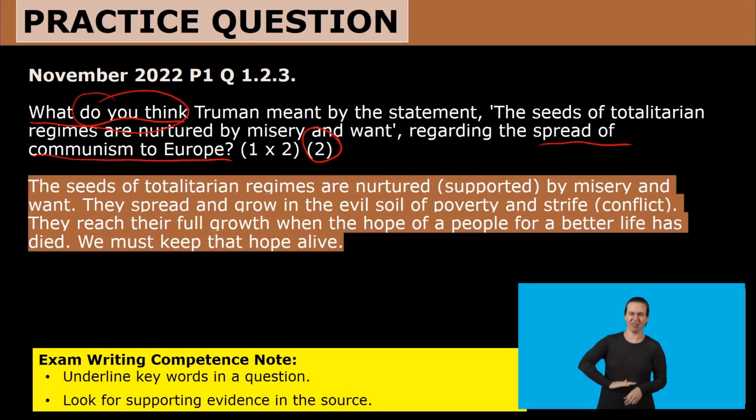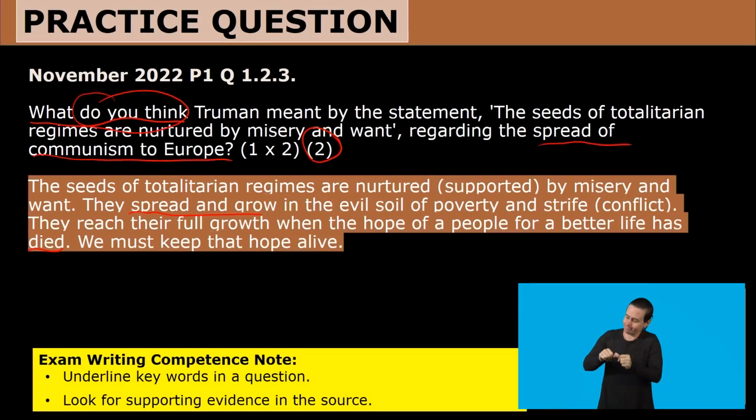They spread and grow, very important words, in the evil soil of poverty and strife or conflict. They reach their full growth when the hope of a people for a better life has died. We must keep that hope alive.